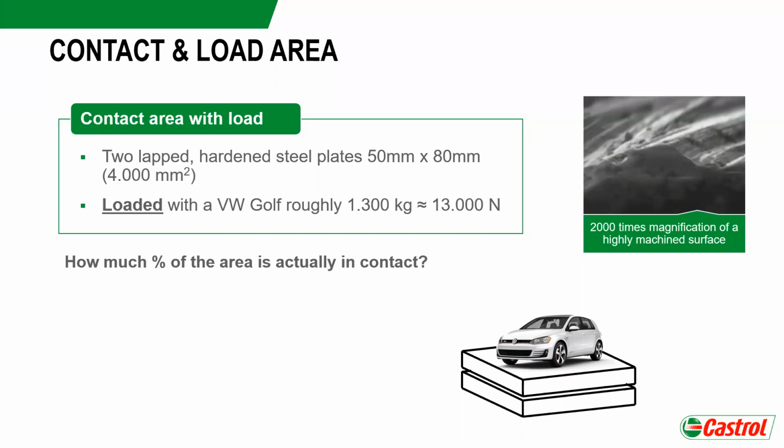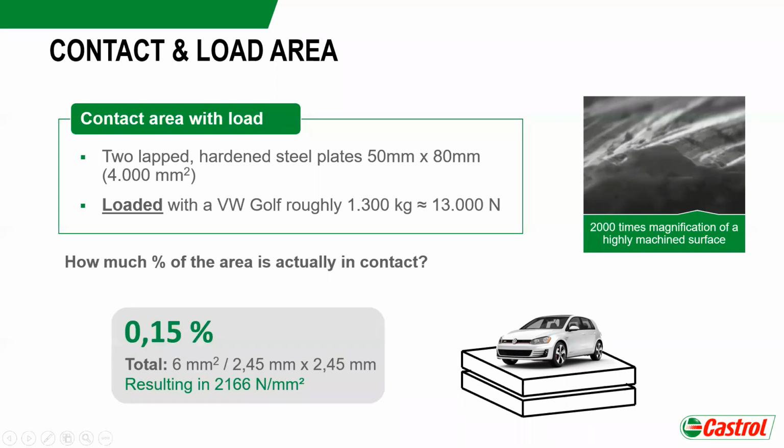We have looked through a good microscope between these two parts, and amazingly, only 0.15% are really in contact. Of the 4,000 square millimeters of the plates, this is an area of only 6 square millimeters.